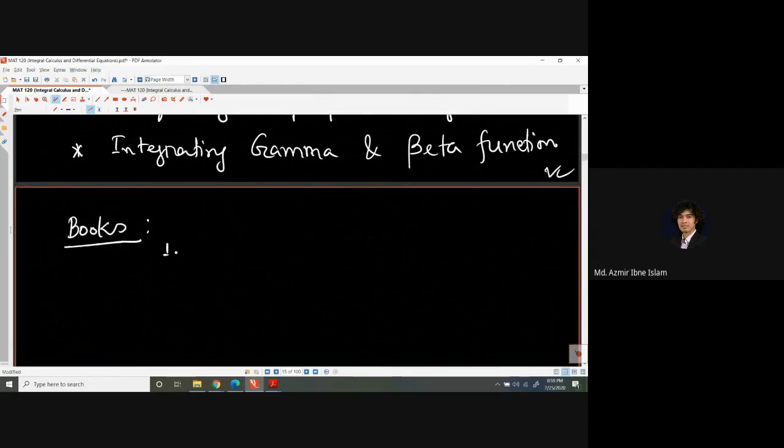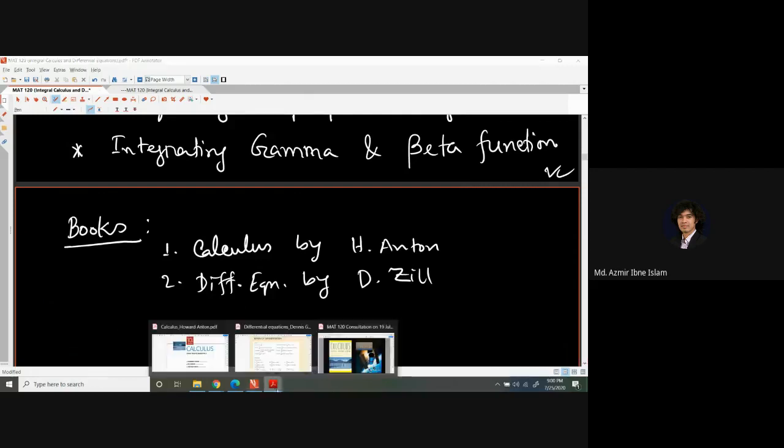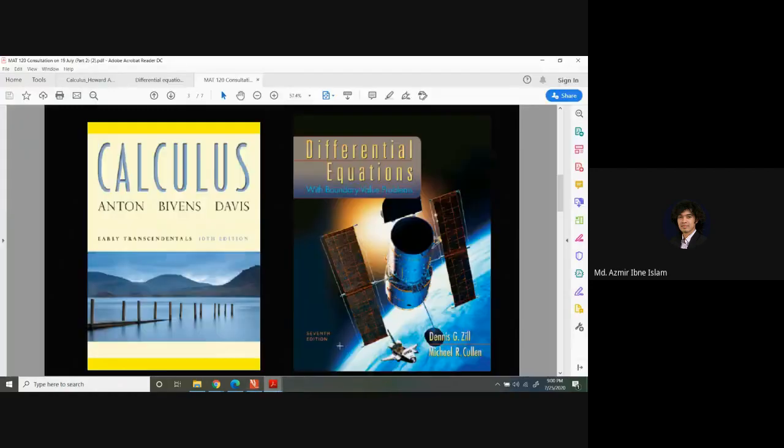I will suggest Calculus, written by Ace Anton, and another one for differential equations, written by Dennis Zill. So these are the two books, Calculus by Anton, Bivens and Davis, and for differential equations you can follow this one.